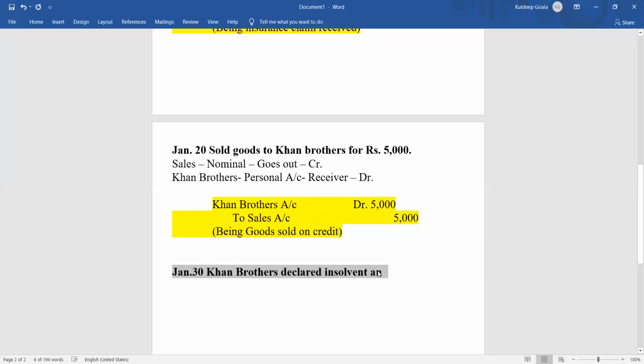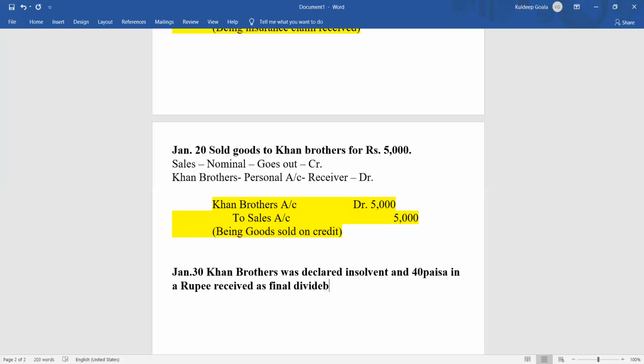See, Khan Brothers was declared insolvent and 40 paisa in a rupee received as final dividend. Khan Brothers doesn't mean that they are brothers, it's a business. Now, what is the meaning of that?